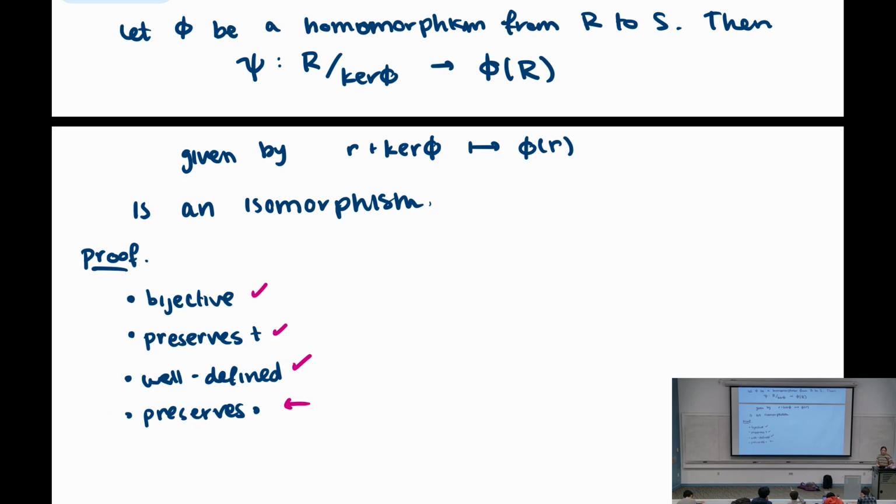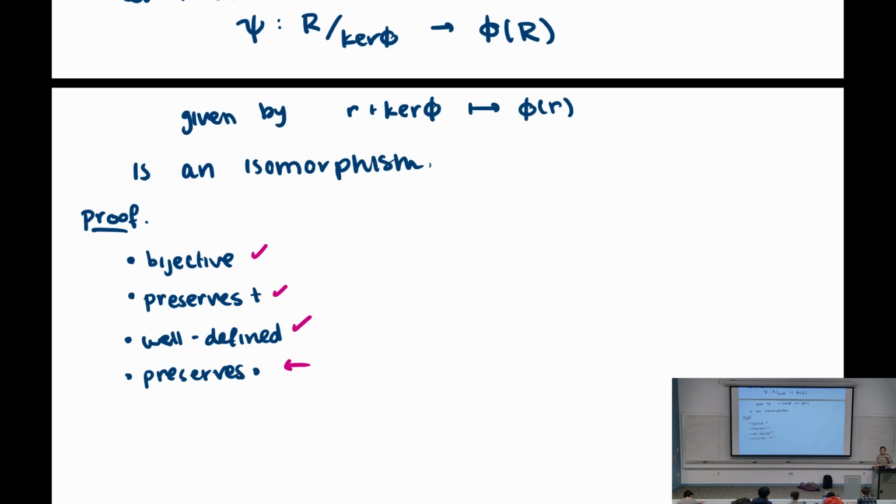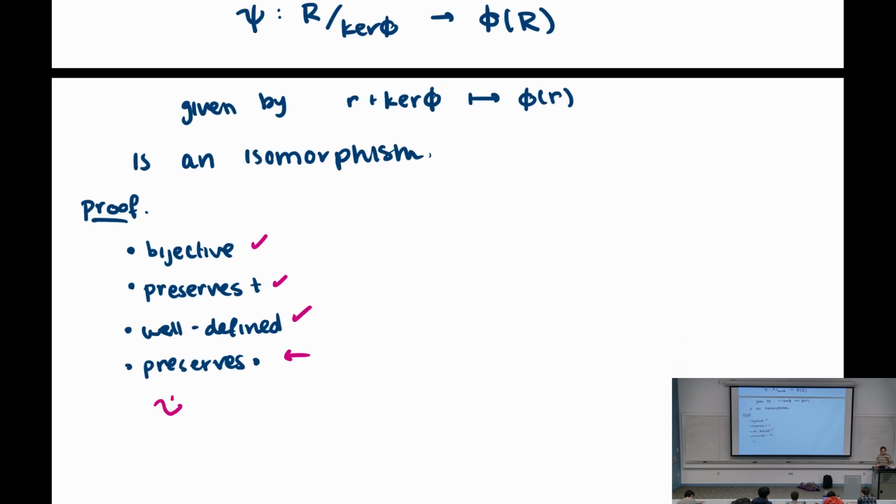So let's show that it preserves multiplication. We need to show that if I apply psi to the product of two elements of R mod kernel, then this breaks up into psi of the first one times psi of the second one. So let's apply psi to R plus kernel phi times S plus kernel phi.